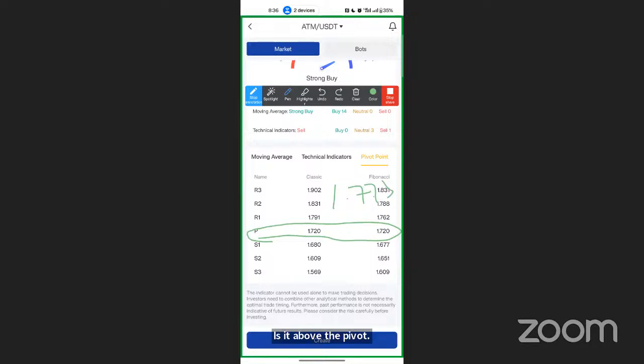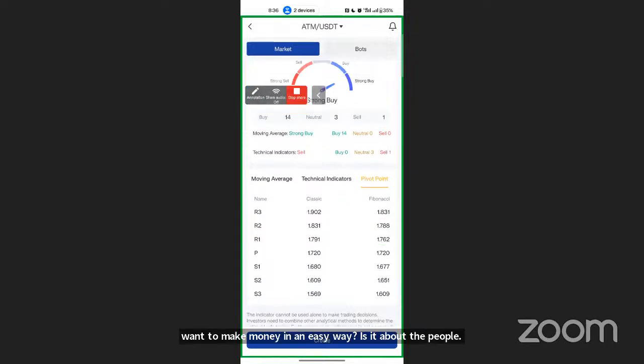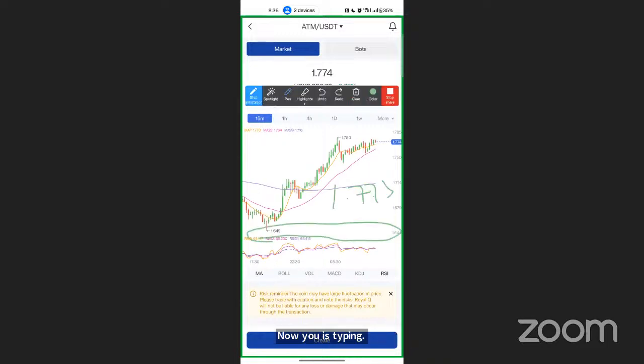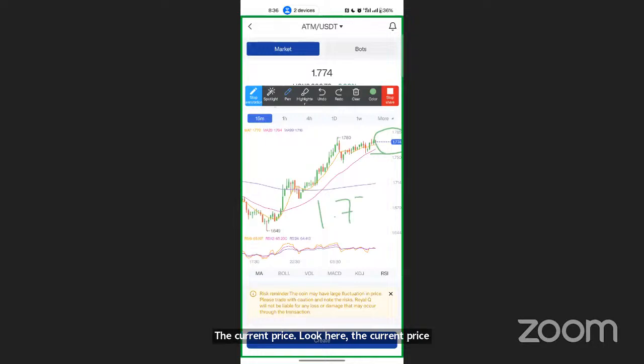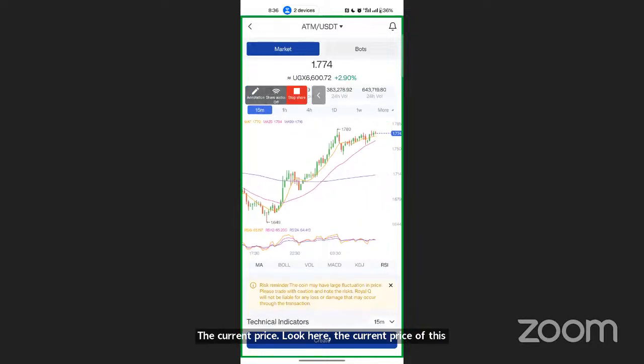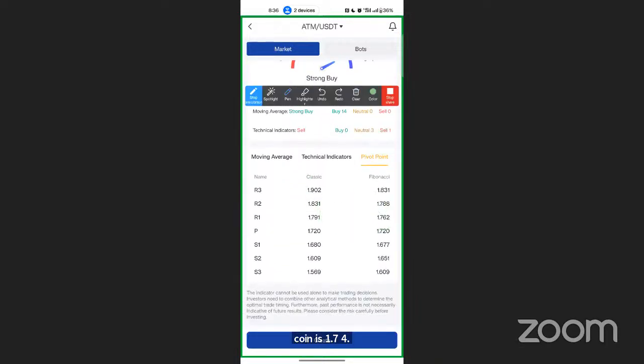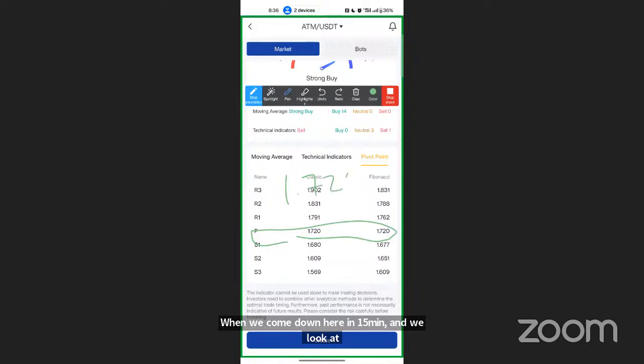You are going to make money in an easy way. Is it above the pivot? Now you are typing no. What is wrong? Let me take you back. The current price of this coin is 1.774. When we come down here in 15 minutes and we look, the pivot is 1.720.